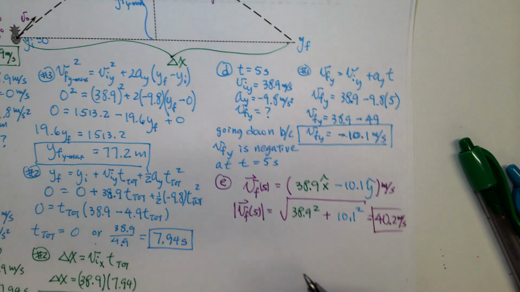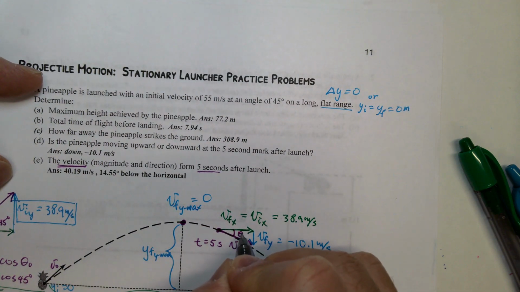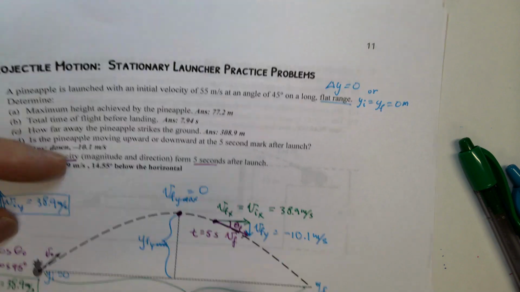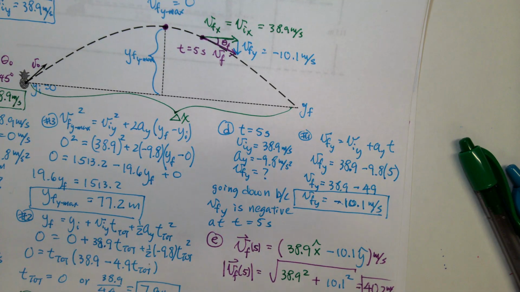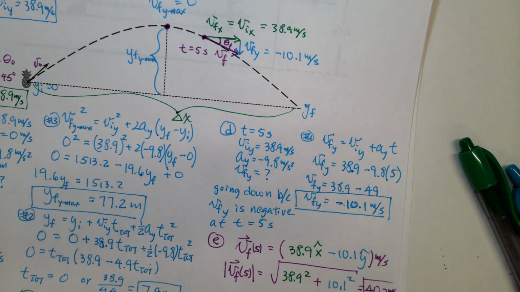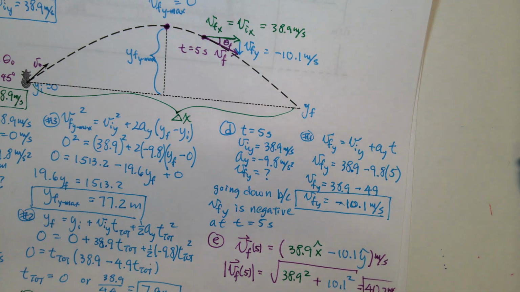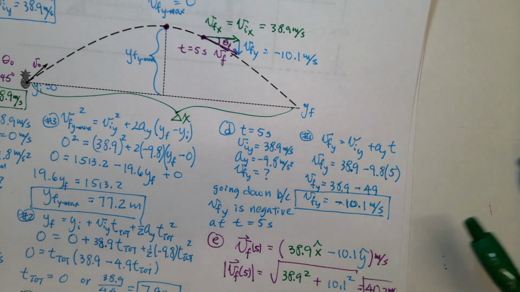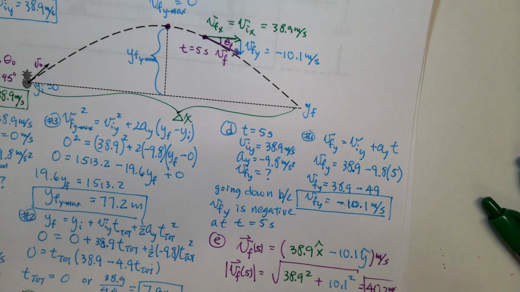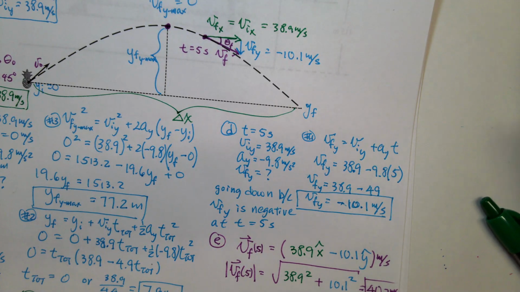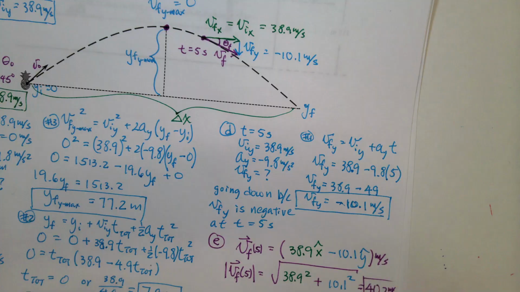Now to calculate this angle theta final at 5 seconds, this angle theta. This angle theta final is equal to simply tan inverse of VFY over VFX. Therefore, this is the same as tan inverse of negative 10.1 over 38.9 as your angle theta.